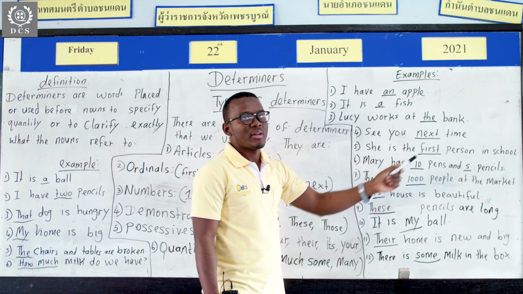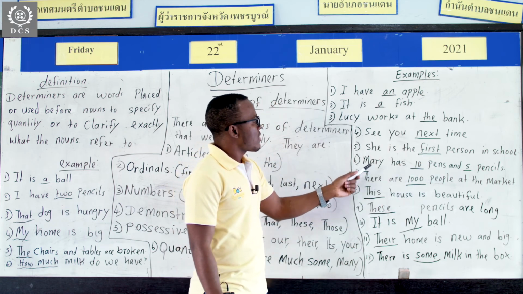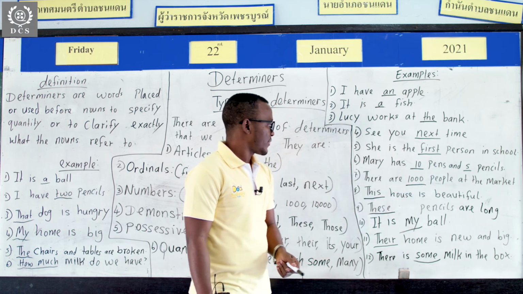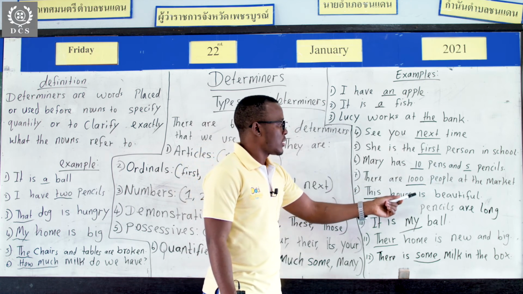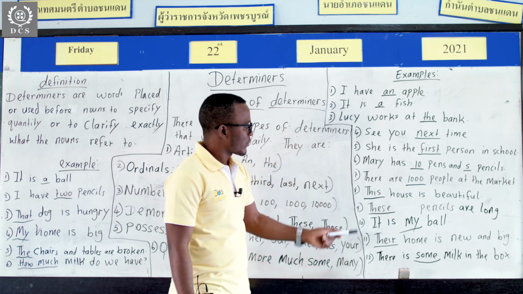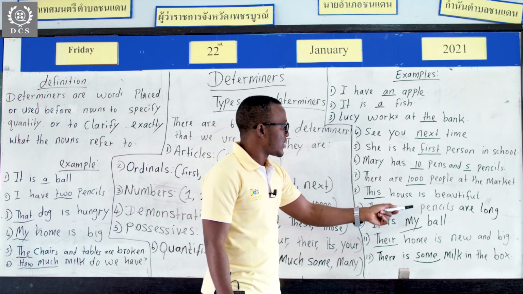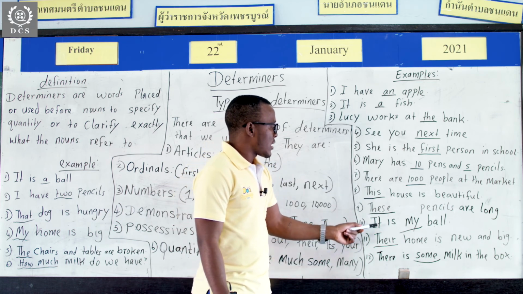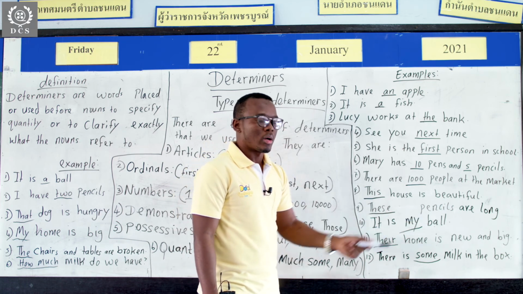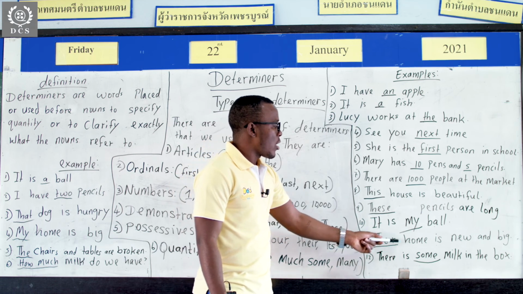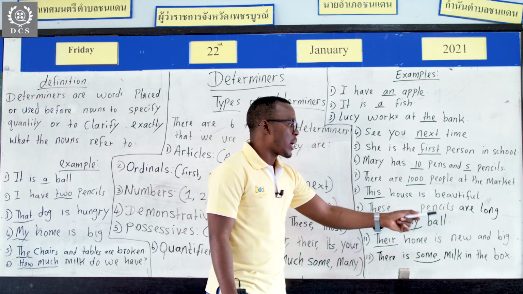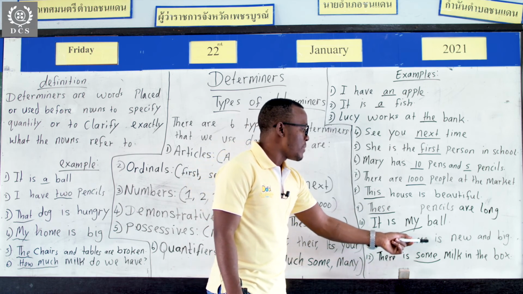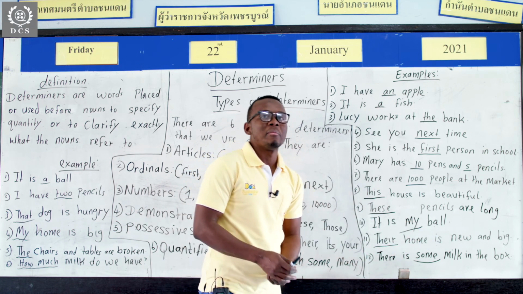First is a determinant. Mary has 10 pens and 5 pencils. This house is beautiful. These pencils are long. It is my ball. Their home is new and big. There is some milk in the box.